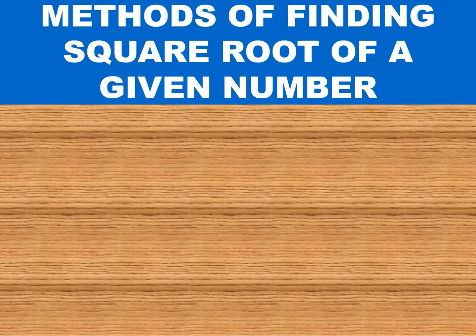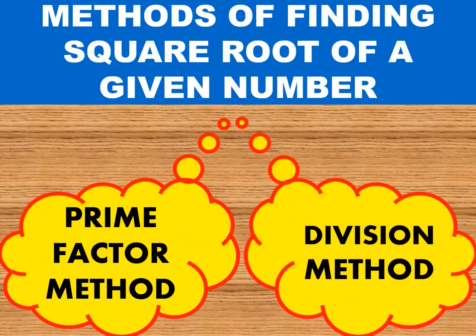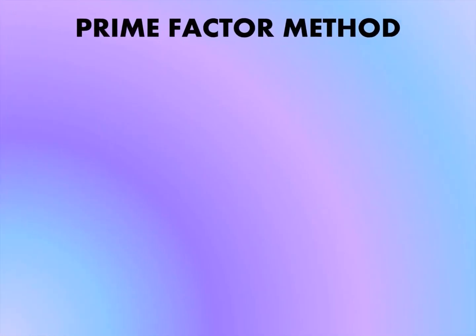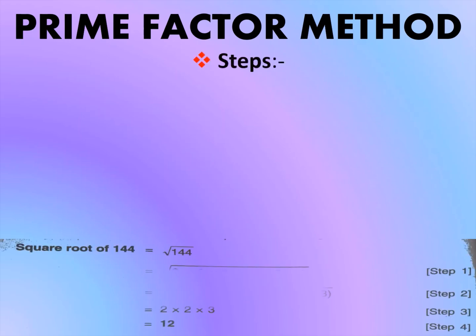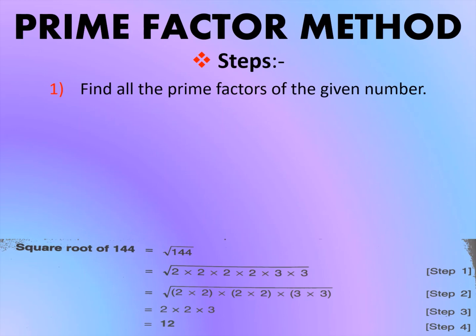Now let's learn two main methods of finding square root of a given number. The first method is known as prime factor method, and the second method is known as division method. Firstly, let's learn how to find a square root of a number by prime factor method. Step 1.